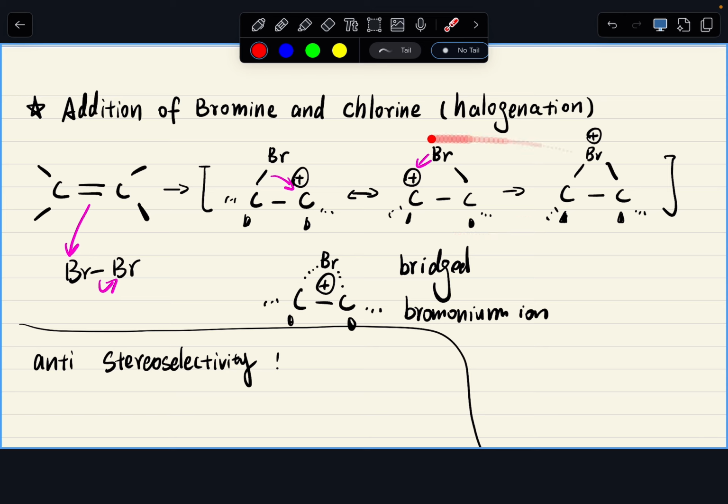So assuming my substitutions on the carbon are the same, among these three contributors, which is my minor contributor? My bromine is more electronegative than carbon, right? So if these substitutions are the same, then this will be my lesser contributor, or minor contributor.